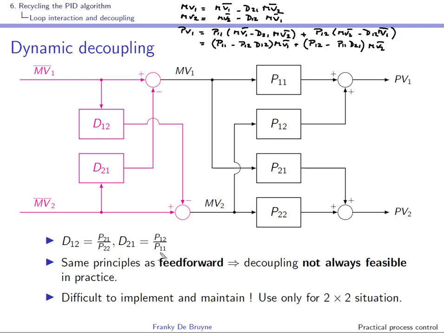So by setting D21 to P12 over P11, we can take this one out and we have decoupled the system. But the reason I'm doing this calculation is to show you that you also have changed the transfer function from MV1, the new input MV1 bar, to PV1. And you can obviously do the same kind of exercise with PV2.